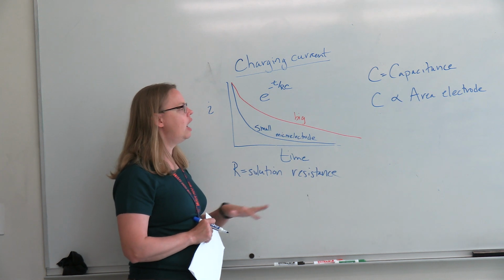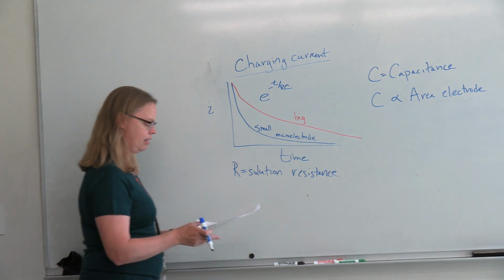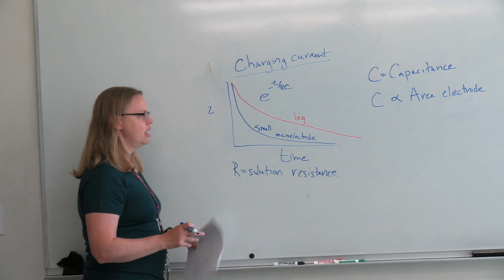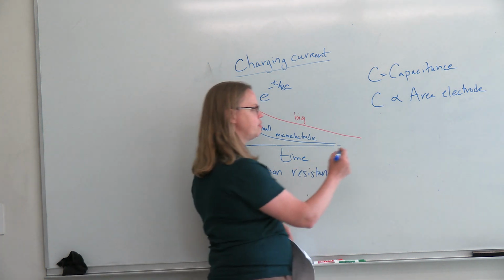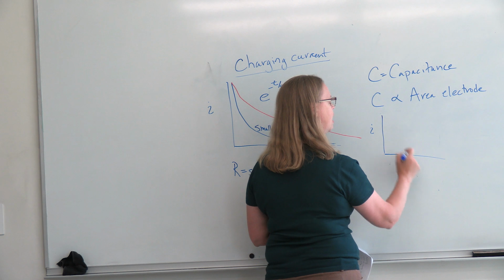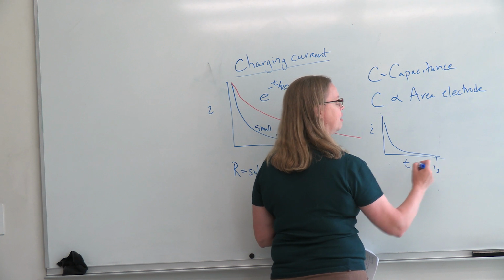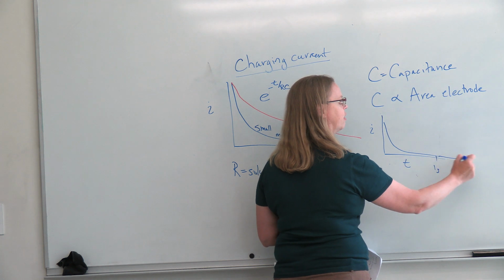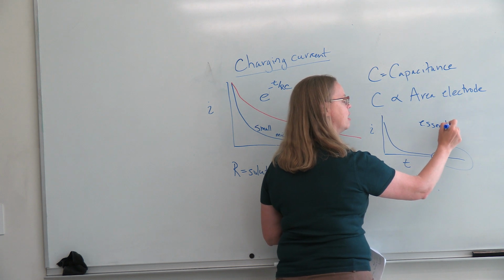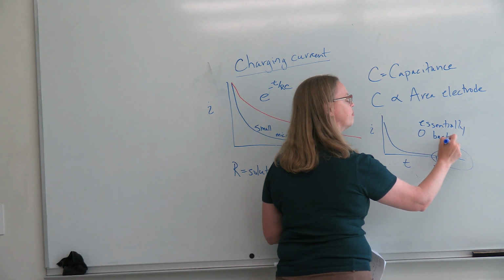And so the area of the electrode is the biggest issue here. And so, as I said, for amperometry, if we're looking at this charging current over time, this may be 1 second or something, and then we're going to do our experiment out here, and essentially there's going to be 0 background current.